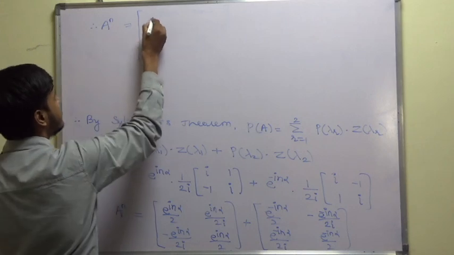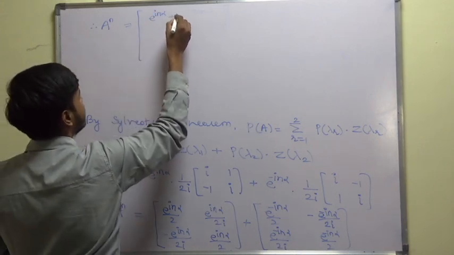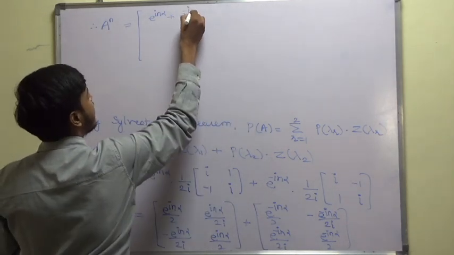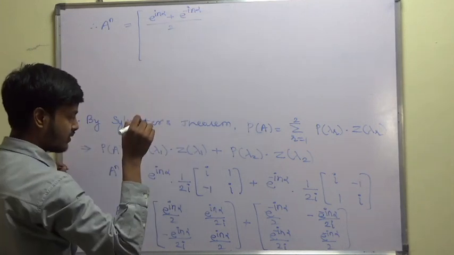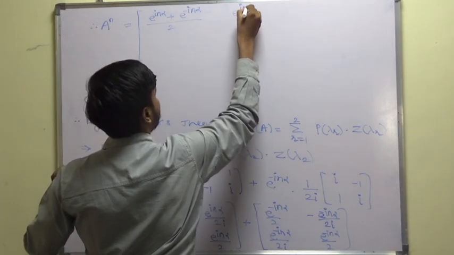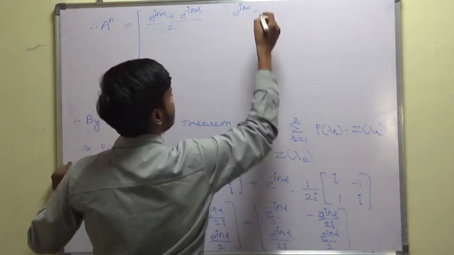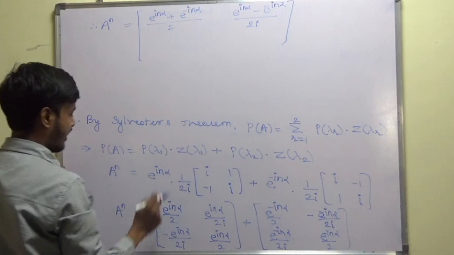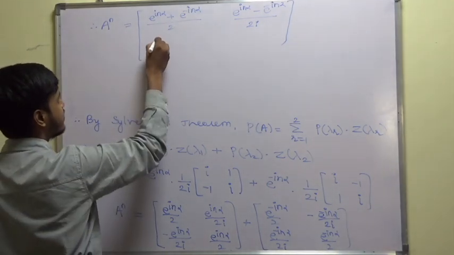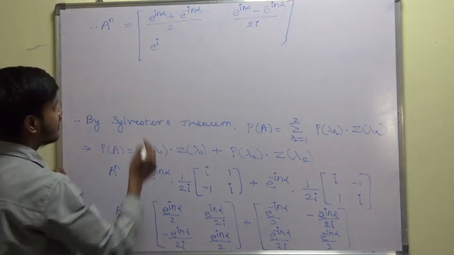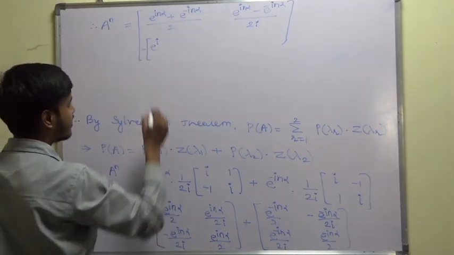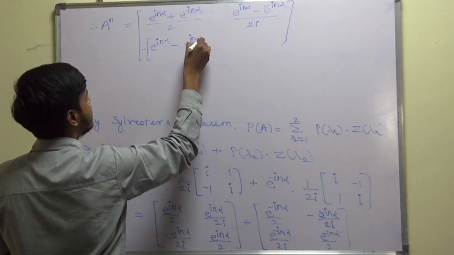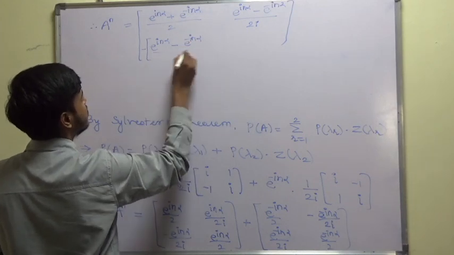So what you will be getting, e to the power i n alpha, e to the power minus i n alpha by 2, e to the power i n alpha minus e to the power minus i n alpha by 2i, and then e to the power, I can take minus common here, and I can write e to the power i n alpha minus e to the power minus i n alpha by 2.